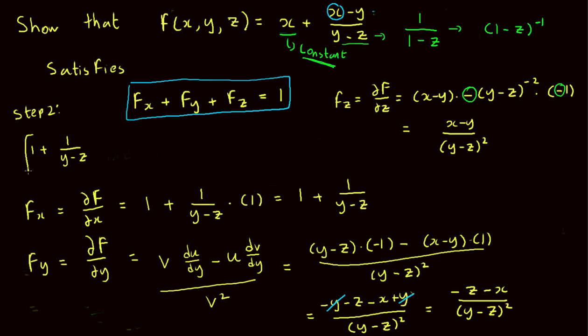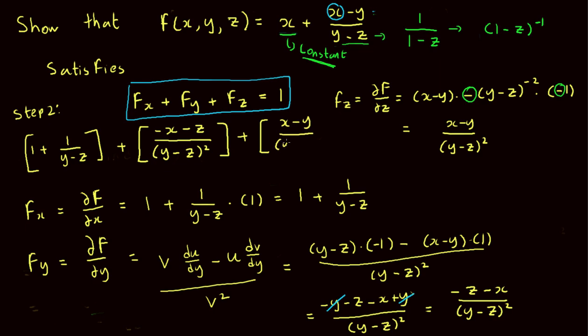So 1 plus 1 minus yz, plus negative (x minus z) over (y minus z) squared. And the last one is plus (x minus y) over (y minus z) squared.